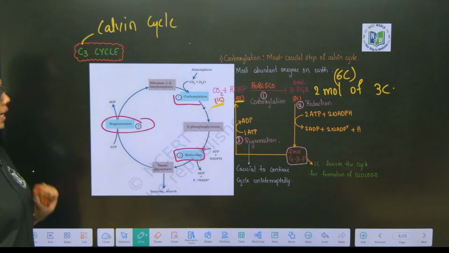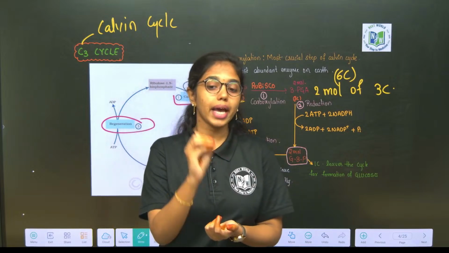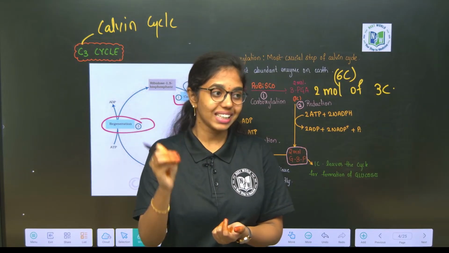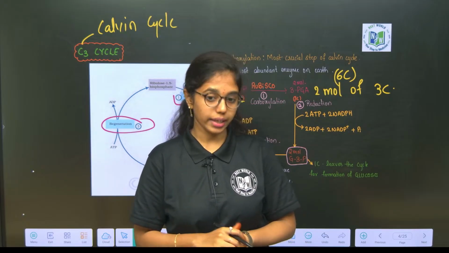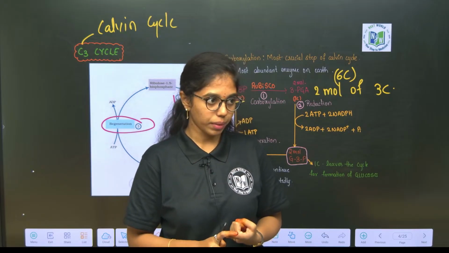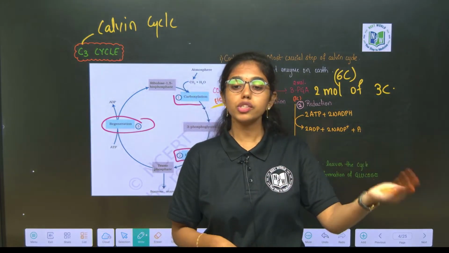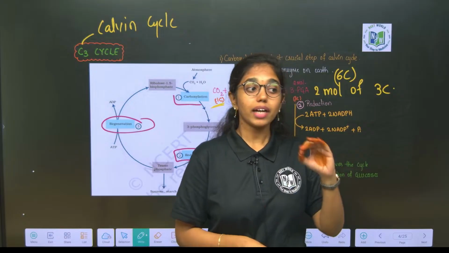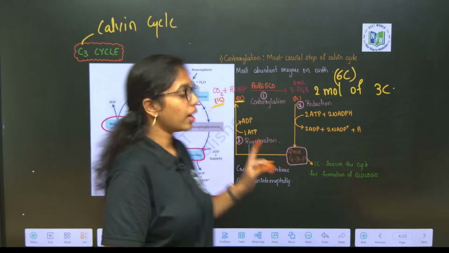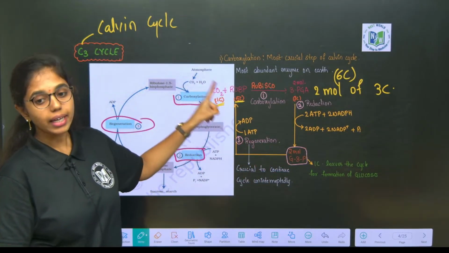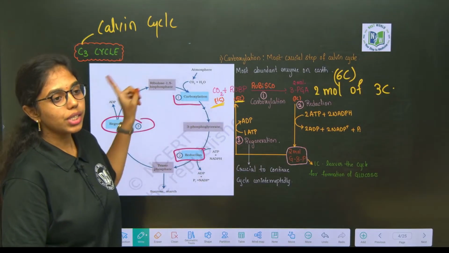Clear, right? Once again I will tell you, when Melvin Calvin said that the first organic intermediate formed in the C3 cycle is a 3-carbon compound, most scientists thought that as carbon dioxide is 1 carbon, the acceptor might be a 2-carbon compound. Then only it would form a 3-carbon compound. That was an assumption for many years, but then it was proven wrong when RuBP was identified as the primary acceptor of carbon dioxide in the C3 cycle.